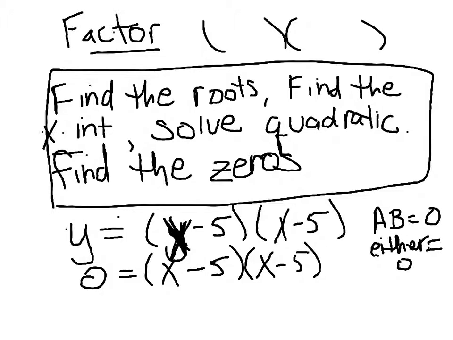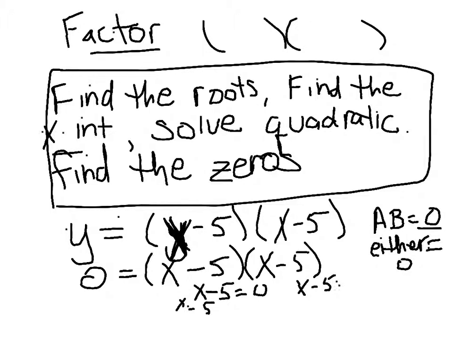Because the only way I can multiply two numbers together and get 0 is for one of them to be 0. So let's assume that this first factor is 0. Then what number could I put in for x to make that 0? I find that just by setting that term equal to 0 and solving for x. So x equals 5.